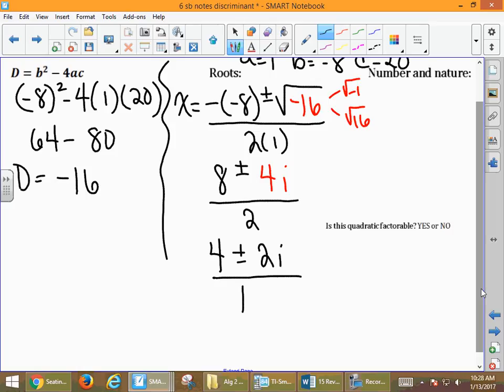I'm going to leave it right there like that because that's probably, in terms of your space, all the space that you have here. But our question is how many answers do we get when our answer is something like 4 plus or minus 2i? It's actually 2. 4 plus 2i and 4 minus 2i. And this time, because there's an imaginary in our answer, that's how we categorize that.